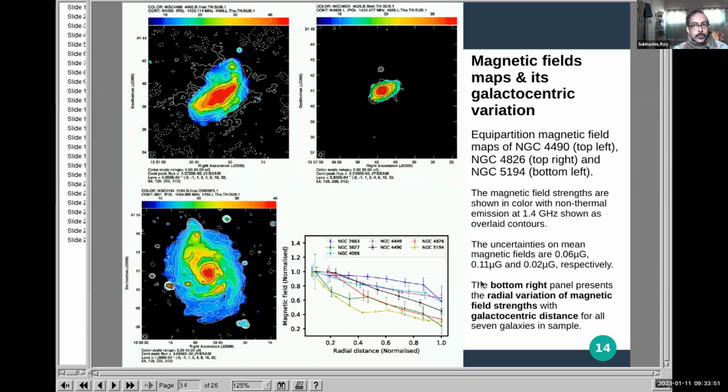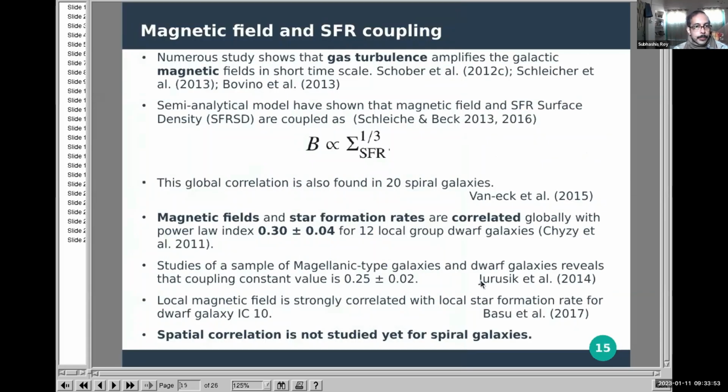The other thing which I just want to mention in short is the other parameter which we did, which was the magnetic field and star formation rate coupling. Newer studies have shown that gas turbulence amplifies the galactic magnetic field on a short time scale, and a semi-analytical model has shown that the magnetic field and star formation rate surface density are coupled as B is proportional to sigma to the power 1/3, and this is from Shukurov and Beck 2013 and 2016.